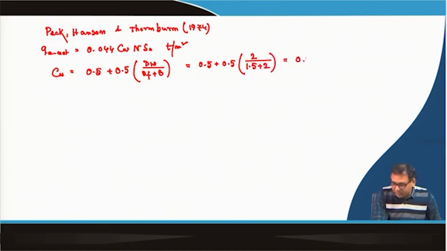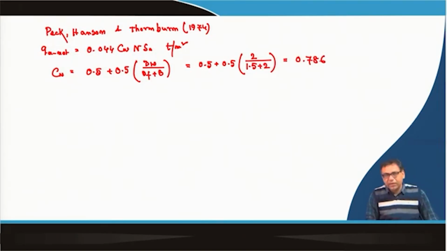So, that is 0.786. You can see that based on the different correlations, we are also using the correction factor differently, because sometimes we are taking it from the base of the foundation, sometimes from the ground surface. So, what are the recommendations?